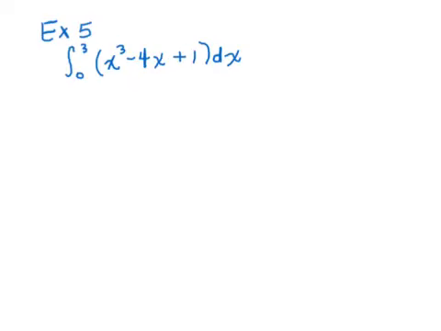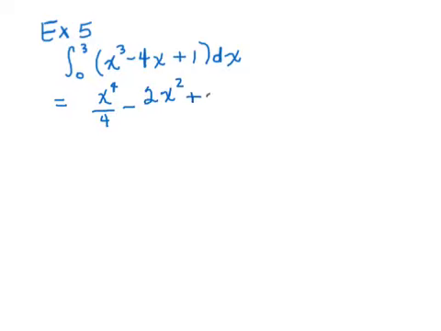Okay, for this example, we need to take the antiderivative, and we raise our exponent by 1, divide by the new exponent. Now we have this 4. You can leave it alone, but what you can do is say I'm going to raise my exponent by 1 and divide by it. But 4 divided by 2 is 2.